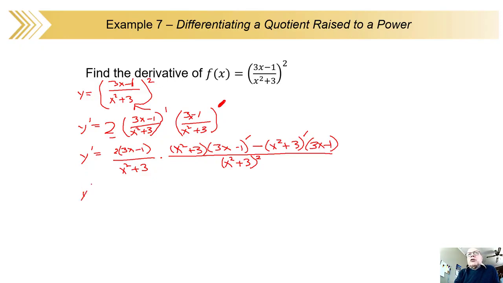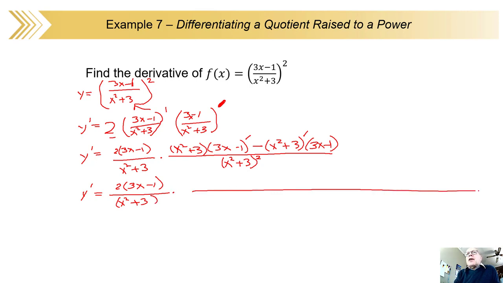A little bit of work to do here. Our derivative is, so we'll leave this first part alone for the time being and keep our fingers crossed that maybe something works out to make this a little bit simpler. Just copy that nicely. Okay, now what do we have here? Well, I've got some derivatives I have to take. So I'll just leave this x squared plus 3 for now.